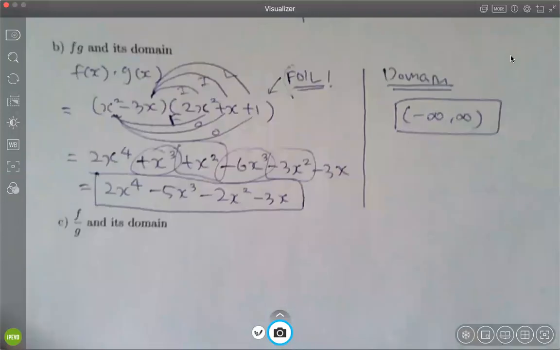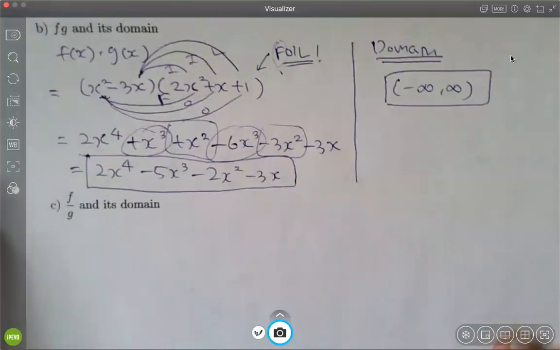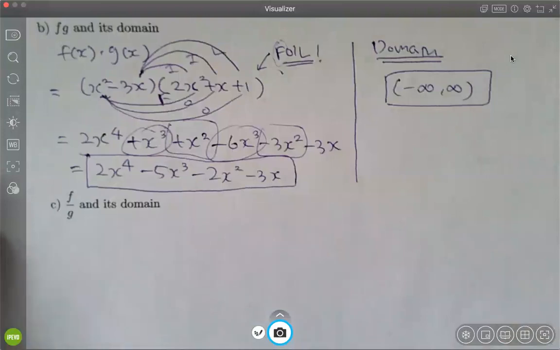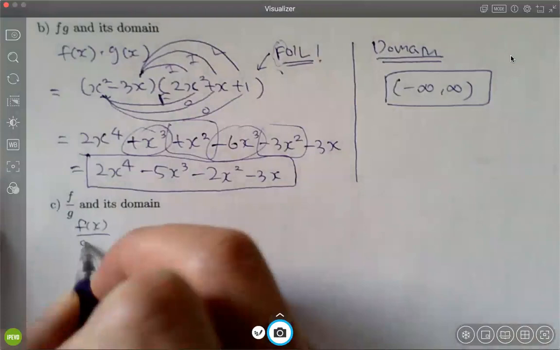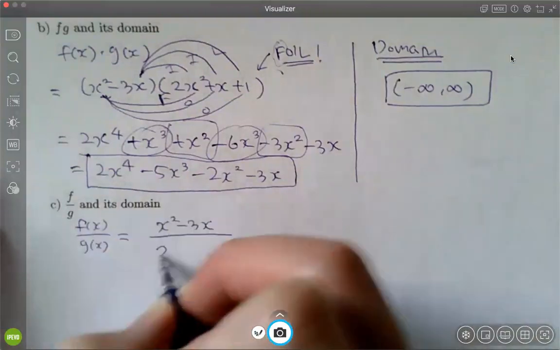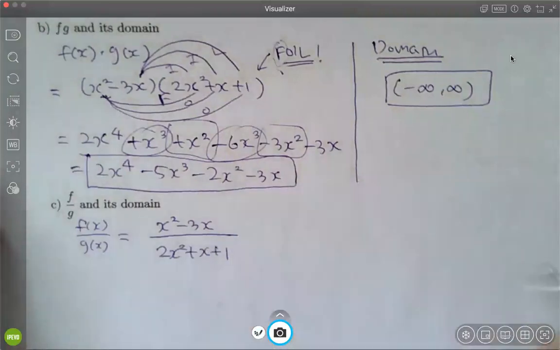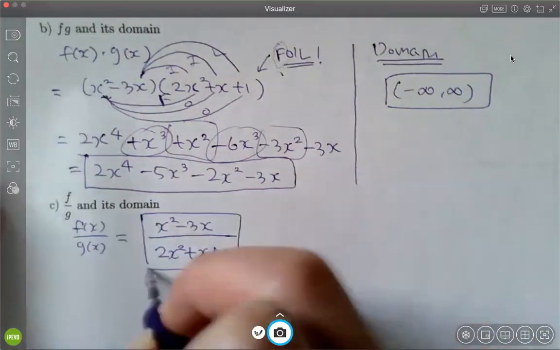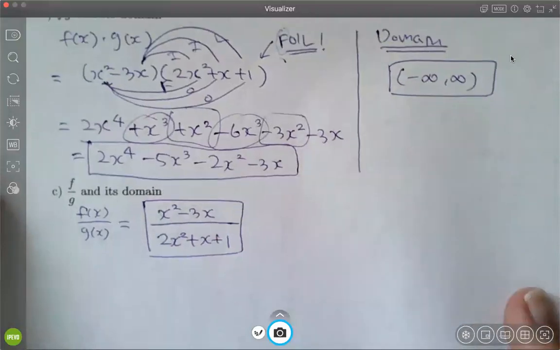Okay, so now, f over g and its domain. So this means f at the top, g at the bottom. So x squared minus 3x over 2x squared plus x plus 1. That's all. You don't need to simplify the quotient function any further than that. So that's really good.